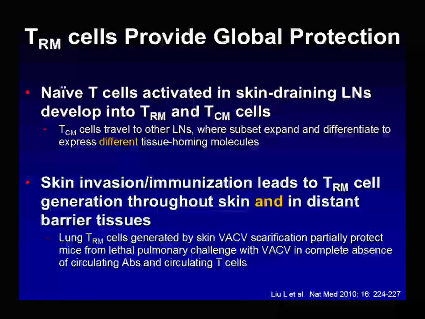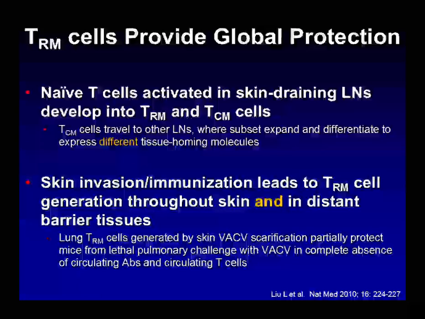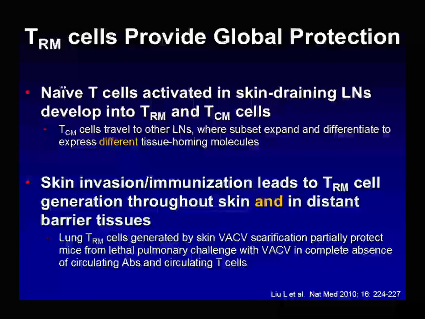We talked earlier that a naive T cell upon activation will build, in a sense, a complete set of memory T cells: tissue-resident memory cells, effector memory cells, and central memory cells. It turns out that the central memory cells, after they are made, enter the circulation, and occasionally they will enter other lymph node basins, expand, and can differentiate to express homing markers to other barrier epithelial tissues.